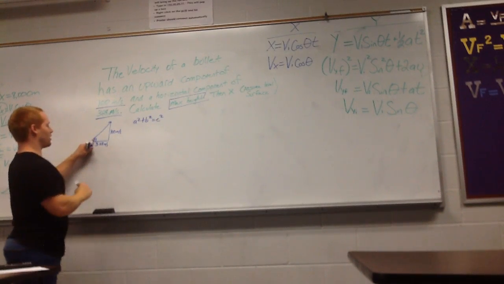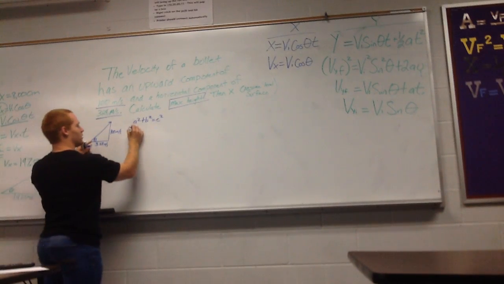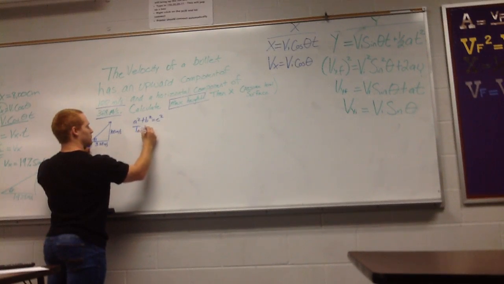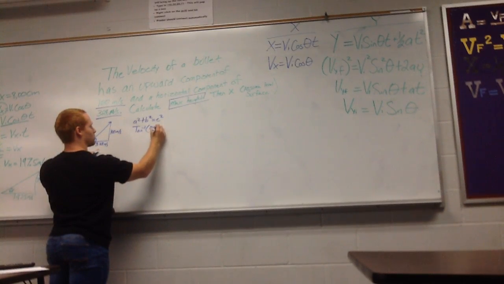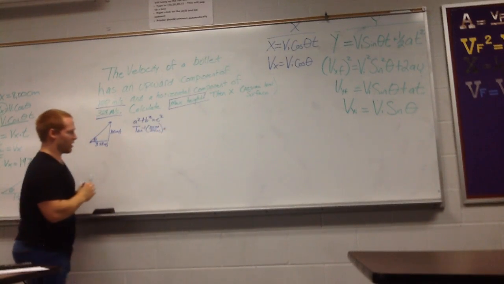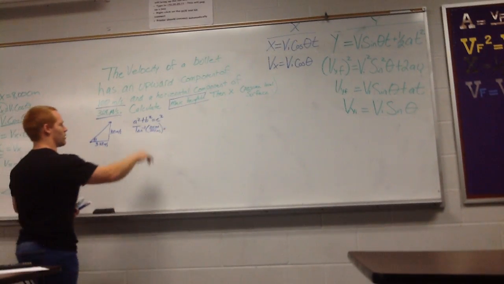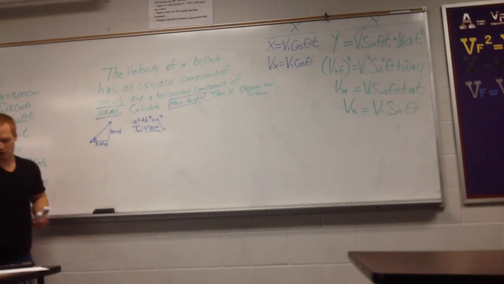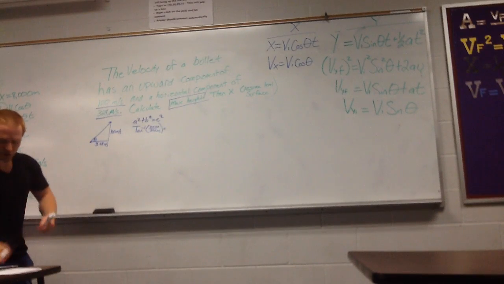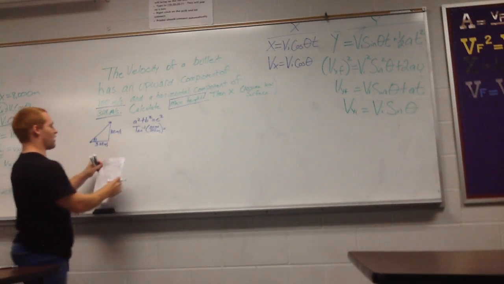To solve for theta, I will do inverse tangent, opposite over adjacent, so 100 divided by 328 meters per second, and that'll give us theta. If you want in your notes, I would write Pythagorean theorem, or find VI and find theta. So that's very important.